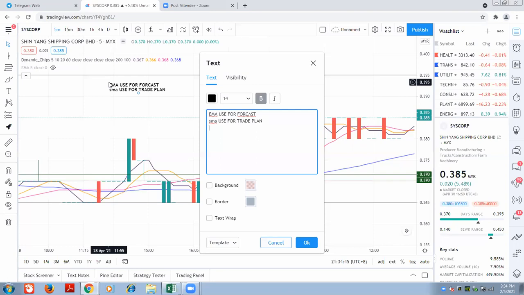Let's say I put here, use for interception. MA10 intercepts MA5, it will give a bearish. MA5 intercepts MA10, it will give a bullish. So use the SMA, we don't use the EMA. EMA is just for forecasting.